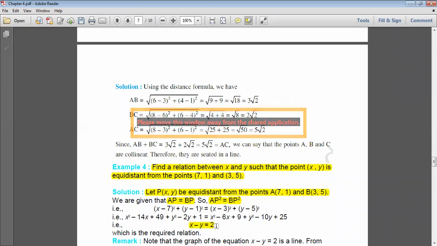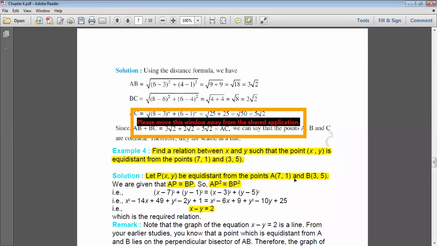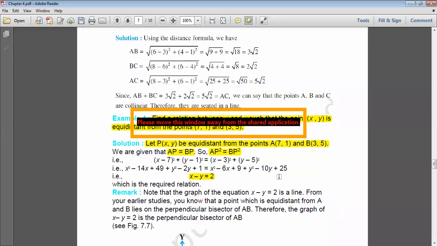So you can see that x minus y is equal to 2. This is the relation which satisfies the condition that it is always equidistant from the points 7, 1 and 3, 5.